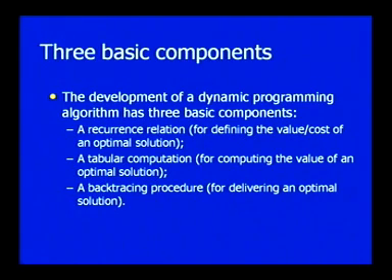So, you can see very well these are the three components your dynamic programming should have. Like we had seen in the greedy approach, the three components are the selection procedure, the feasibility check and the solution check. Here also you can see three basic components will be there.